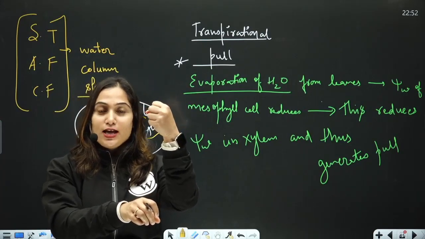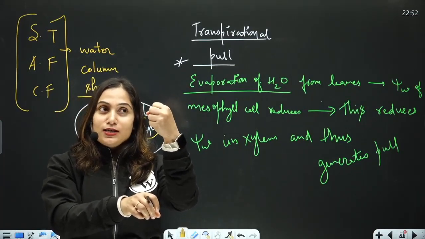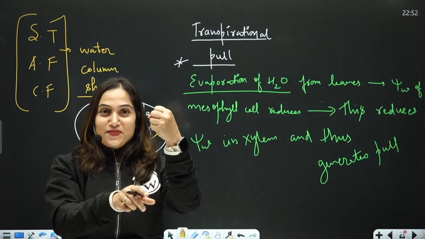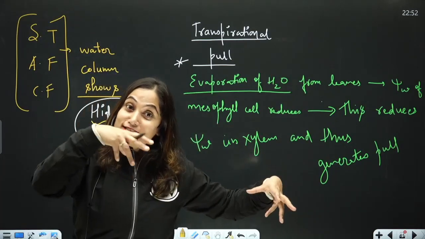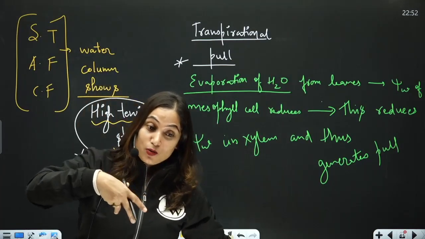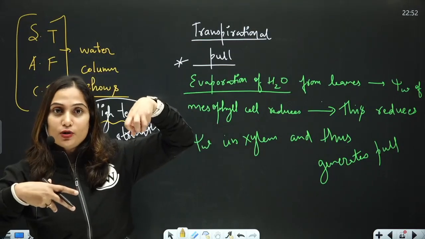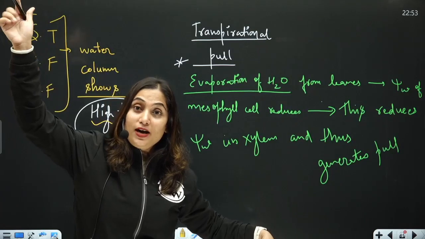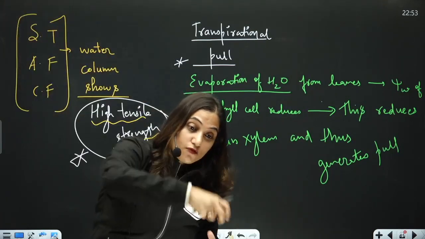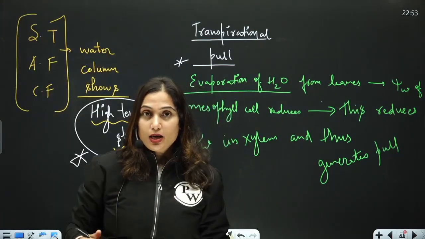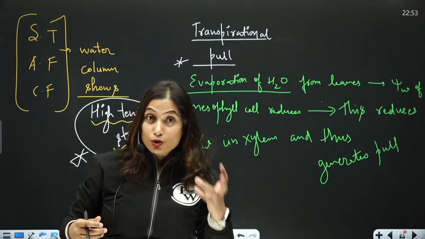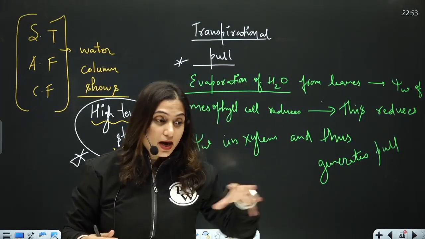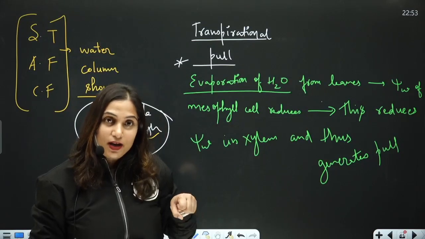This will reduce the water potential of the xylem of the stem. Then the xylem of the stem will take water from the xylem of the root. This will reduce the water potential of the root. So everybody is reducing the water potential of each other, and that is why ultimately the water potential at the root is very low and it will take water from the soil.